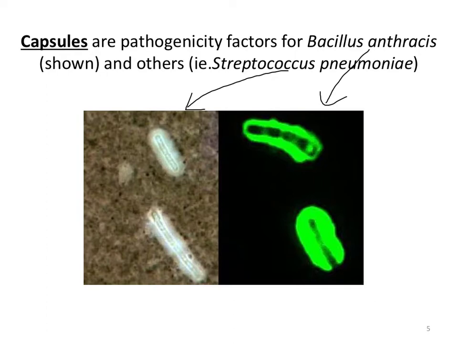Both of these organisms have capsules, which are extracellular matrices made primarily of carbohydrates, although in the case of Bacillus anthracis, this also includes a few specialized amino acids. The capsules allow these organisms to resist degradation or attack by the human immune system, and so they serve as defensive pathogenicity factors.